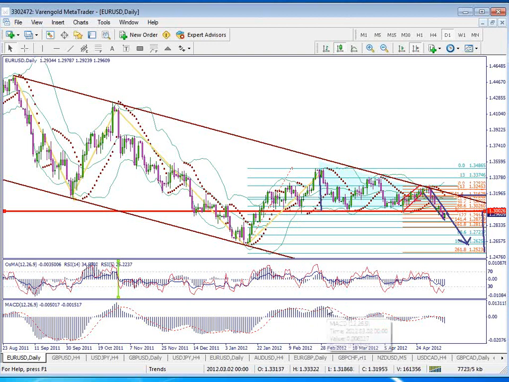So when we have this signal from MACD, my pair already made about half of the move into the downside or into the upside.